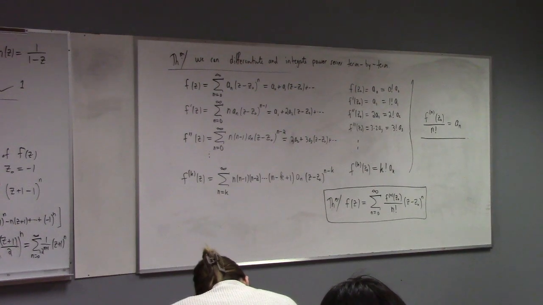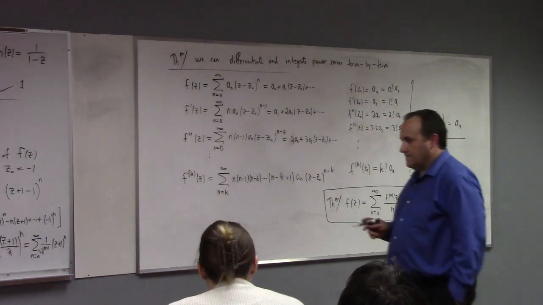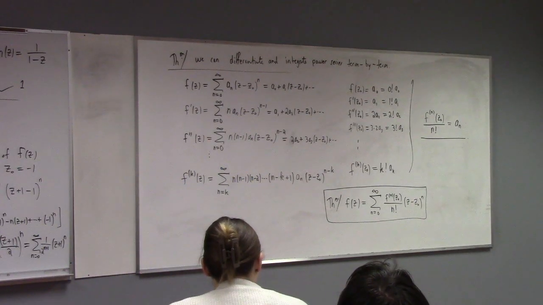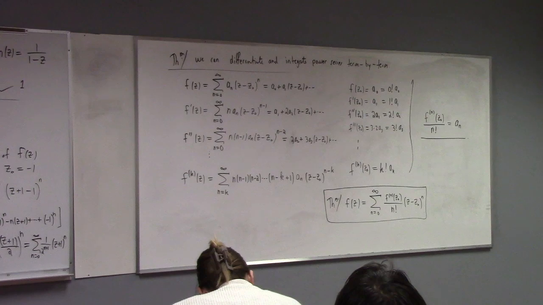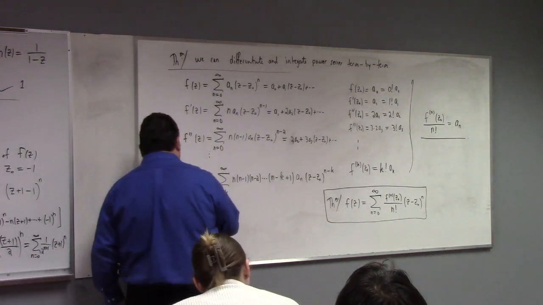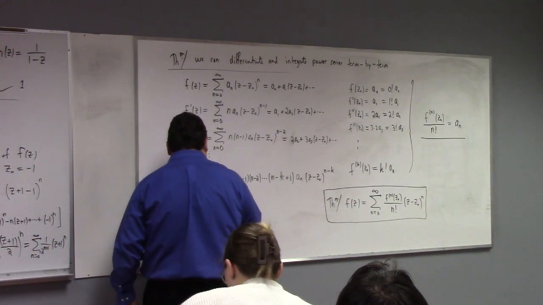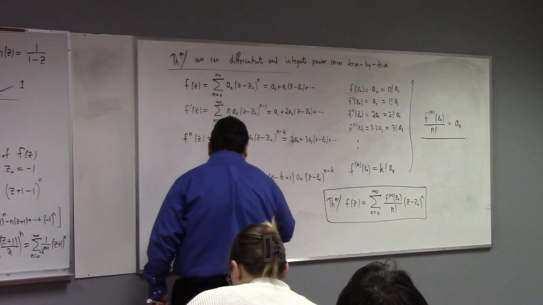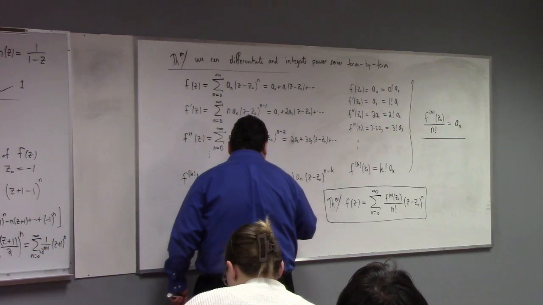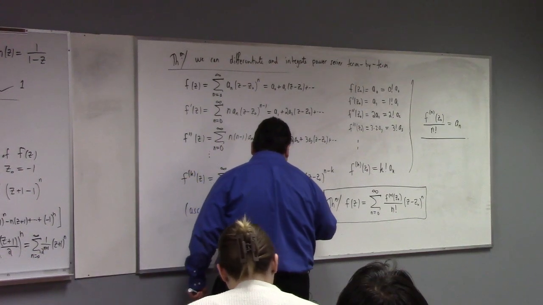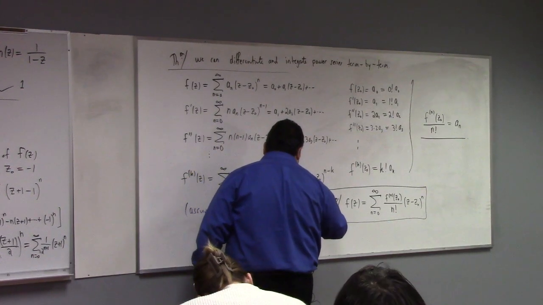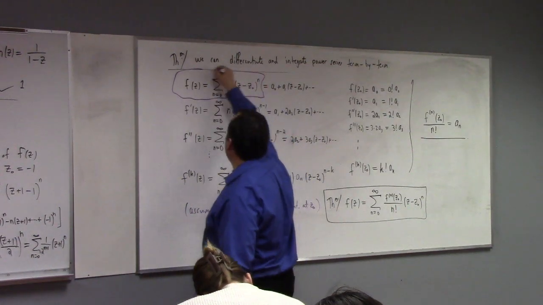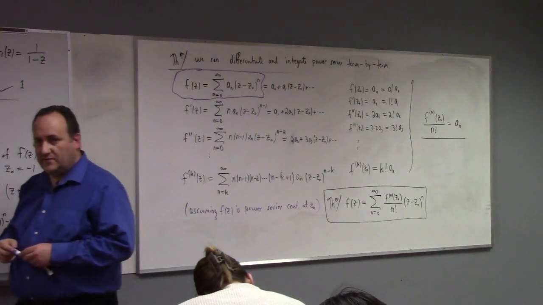What did we assume about f of z going into this? Assuming f of z is a power series centered at z naught, right? That was the big condition we assumed at the start of this derivation just now.